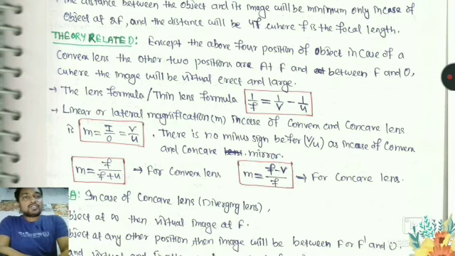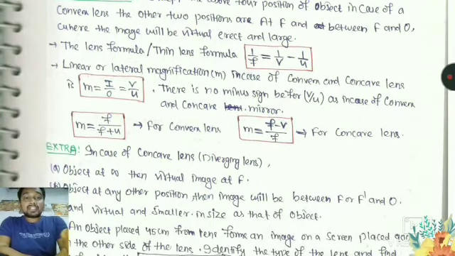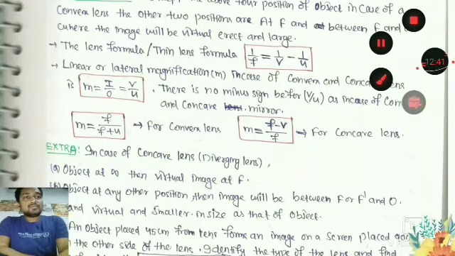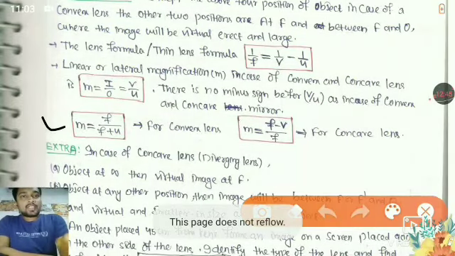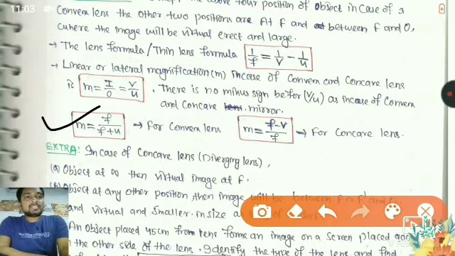Okay, so the other two formulas of magnification: m equal to f by f plus u for a convex lens, and f minus v by f for a concave lens.